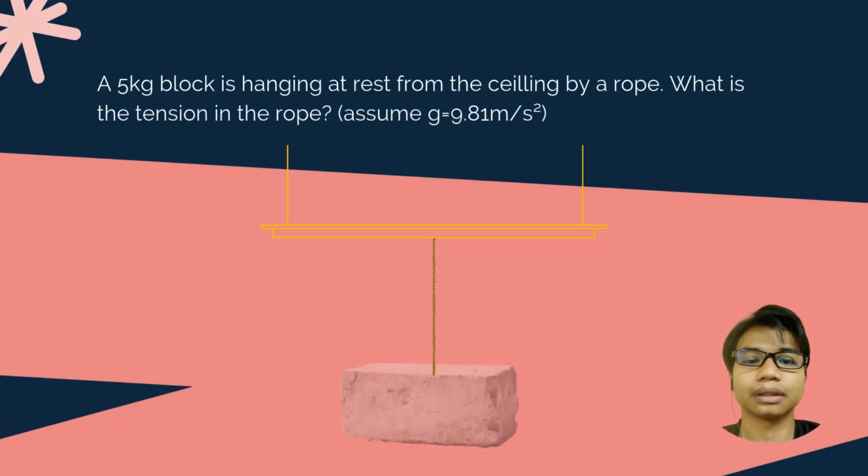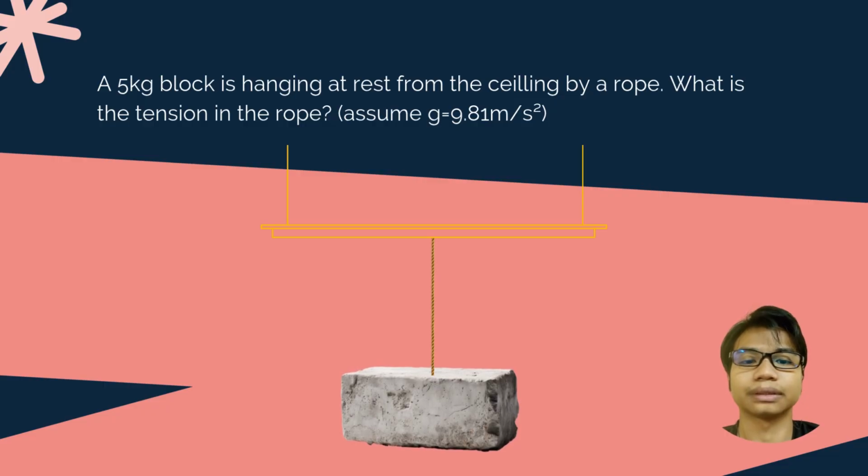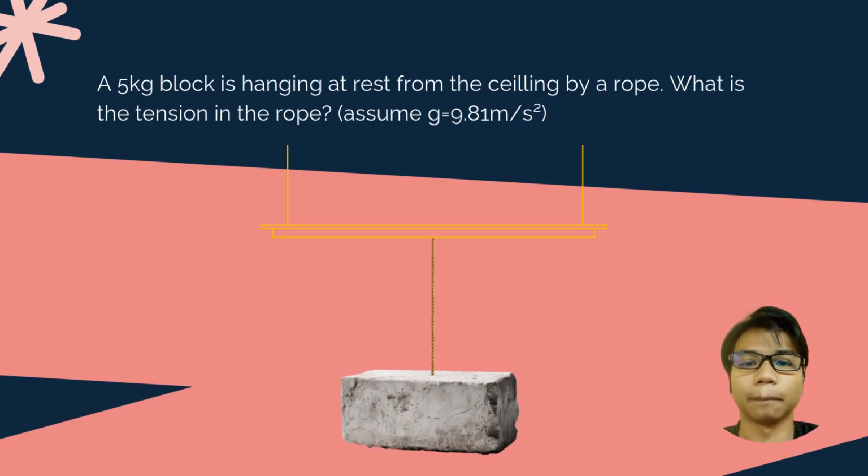So let's move on to the question. In this question, a 5 kg block is hanging at rest from the ceiling by a rope. What is the tension in the rope? Assume that gravity equals 9.81 meters per second squared.